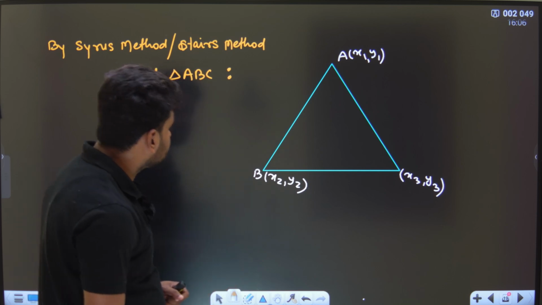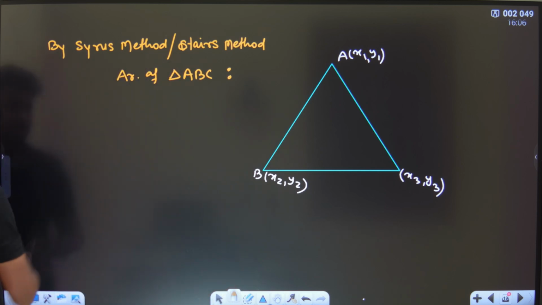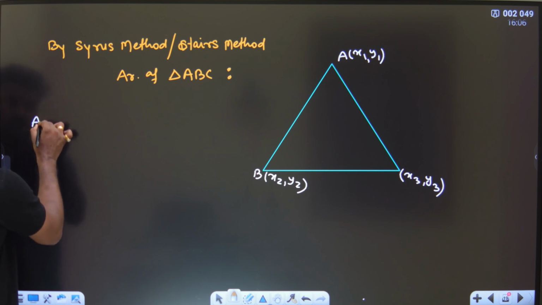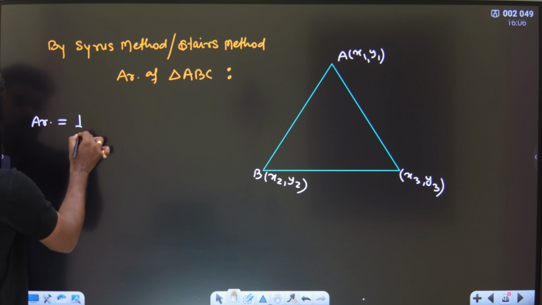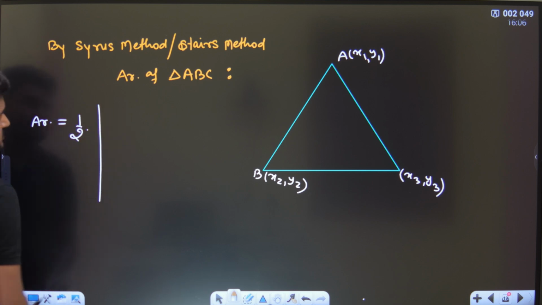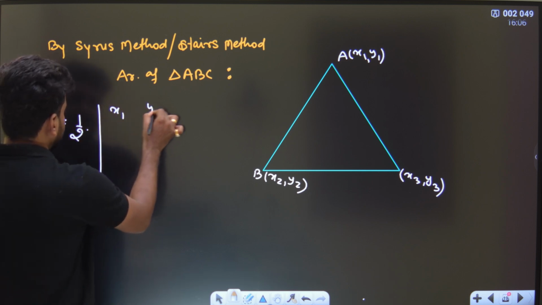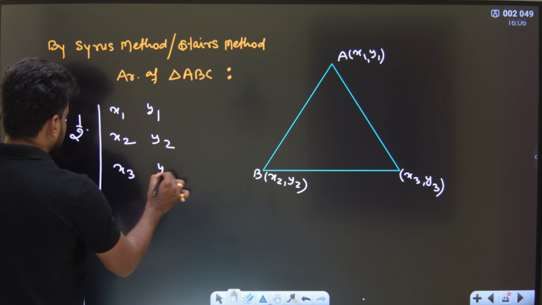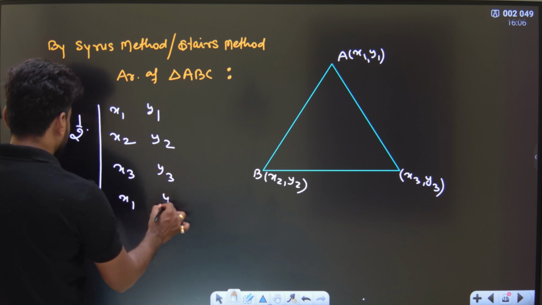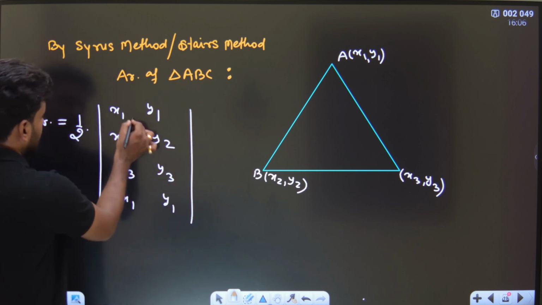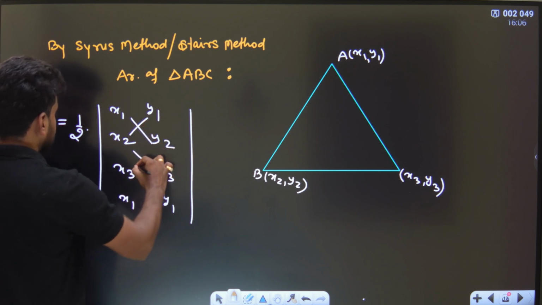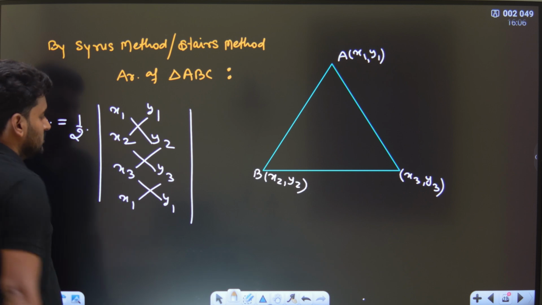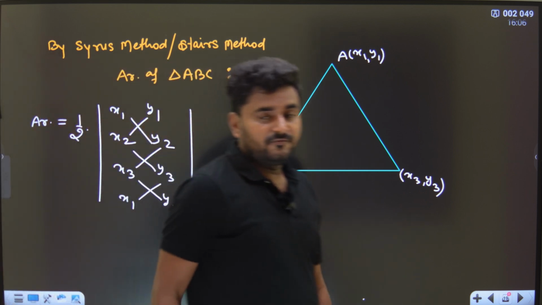I will write the area equals 1 by 2, and I will write x1 y1, x2 y2, x3 y3, and then again x1 y1. And now I will do the cross multiply like this, and this is your area of triangle.